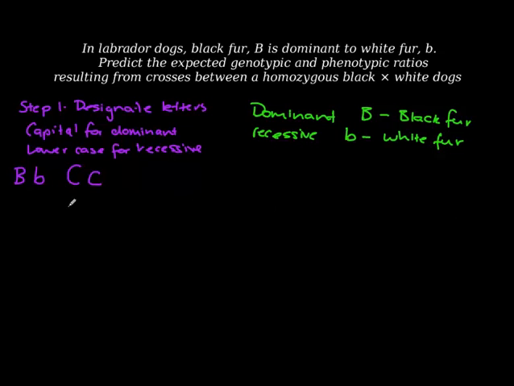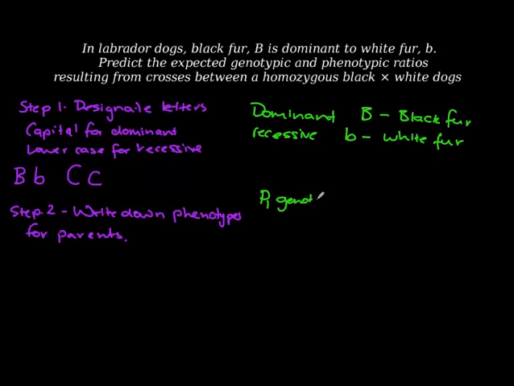So, step 2, write down the phenotypes for the parents. Let's look at this example. We call this our P1, our parent generation, and our P1 genotypes. Now, this one's pretty clear.